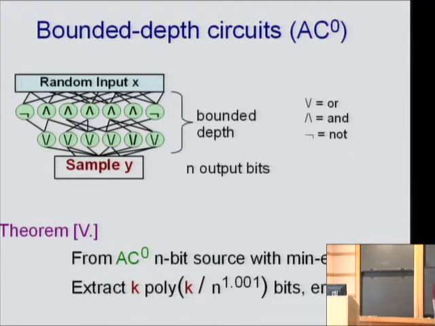If this is my sample, which is output from a random input, has entropy k, I'm going to extract about k bits. Okay, k is some polynomial with error. So the polynomial is small, and if you can extract from the decision tree, you're going to make this thing exponentially small. So that's where it kicks in.